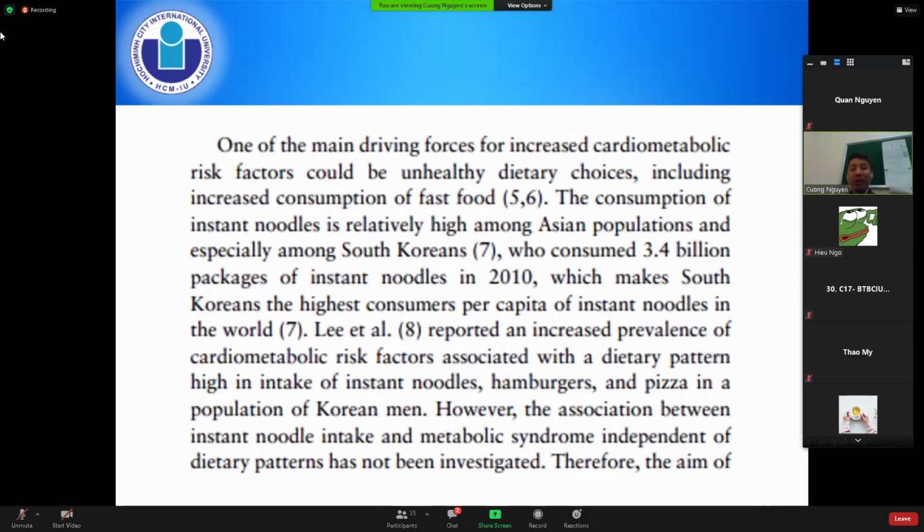But "South Koreans consumed 3.4 billion packages of instant noodles in 2010." That is in the past, 2010, in the lit review. "Would make South Koreans the highest consumers per capita of instant noodles in the world." That is still true now, so it uses "makes," simple present.